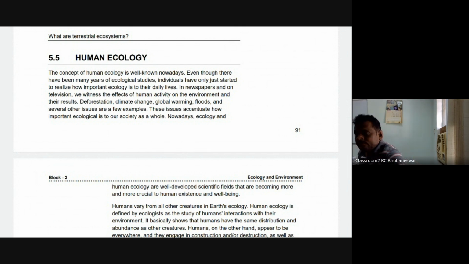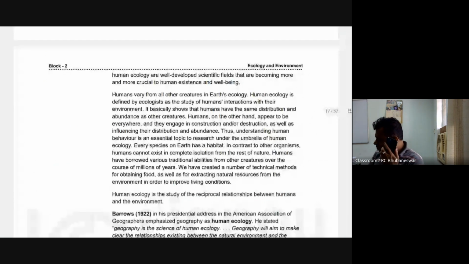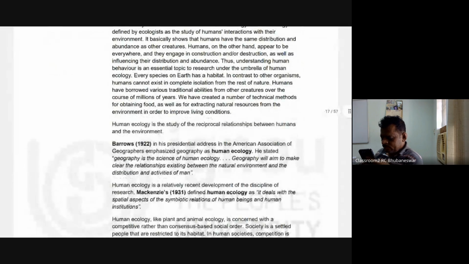It was coined by H. Burroughs, an American geographer. He stated that geography is the science of human ecology. Geography aims to make clear the relationships existing between the natural environment and the distribution and activities of man.